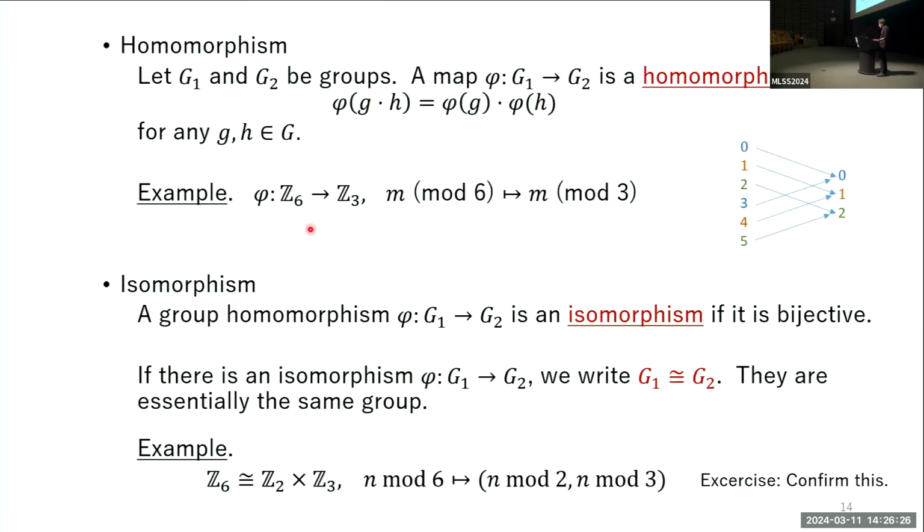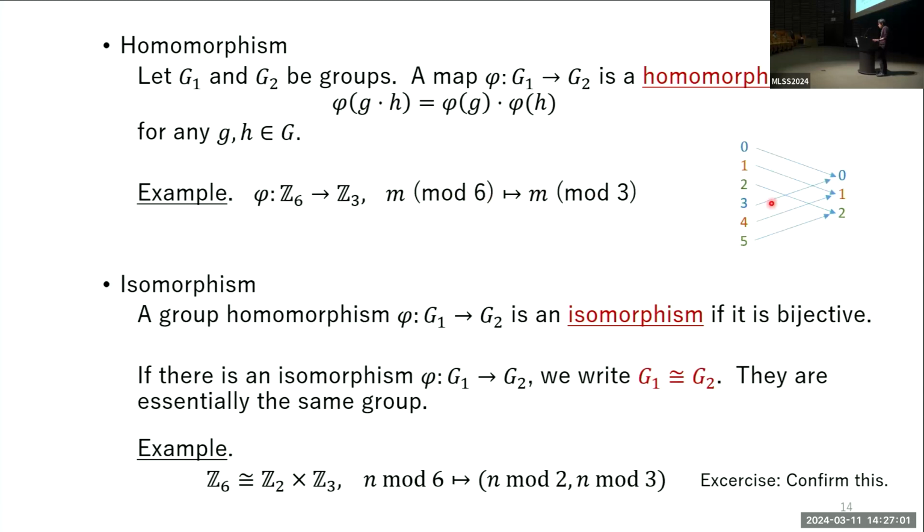Okay, here's one example. Consider the mapping from Z6 to Z3. Z6 is the integers modulo 6, but we can consider the integers modulo 3. So in this case, modulo 6 is converted to modulo 3, and the correspondence of the elements is given in this figure.